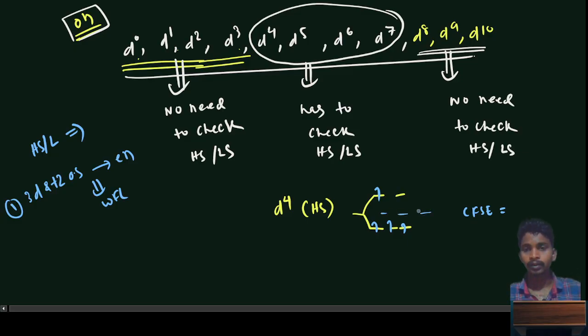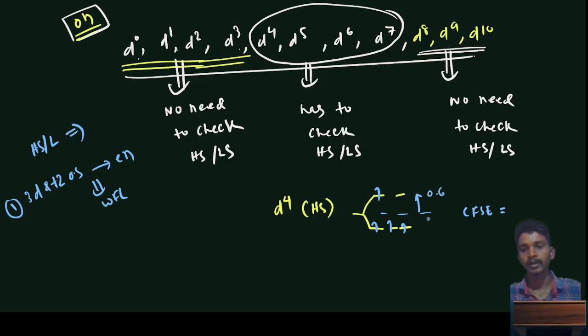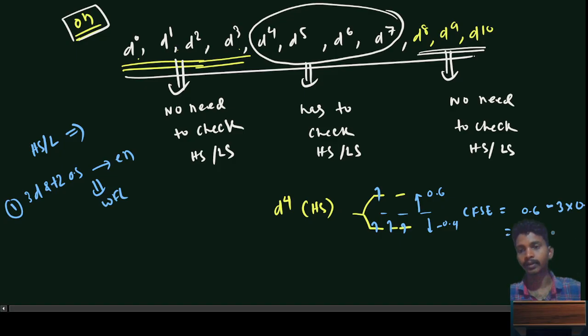We know this has 0.6 and this has minus 0.4. So you add 0.6 and here minus 3 into 0.4, that is minus 1.2. So that value is going to be minus 0.6.